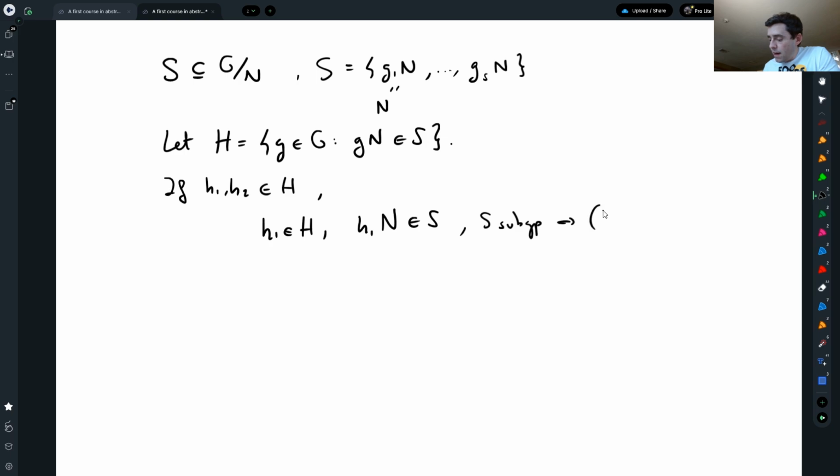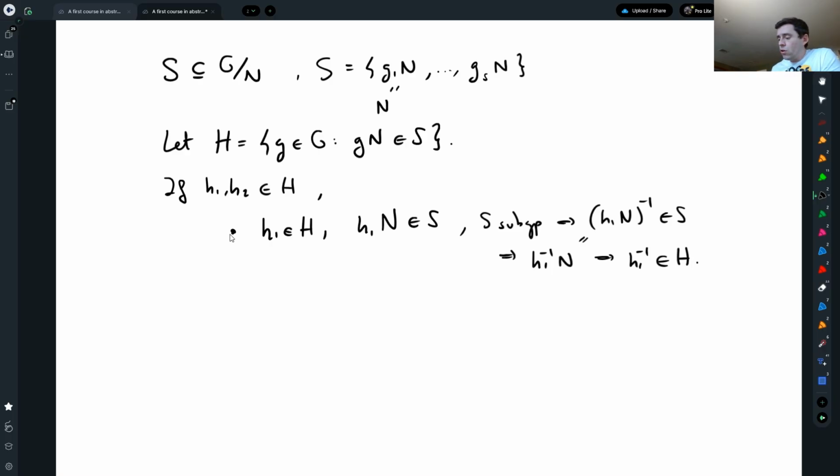That means that (h1N) inverse is in S because it is a subgroup. And this is, in fact, h1 inverse N, and that tells me that h1 inverse is also in H by the definition of H.